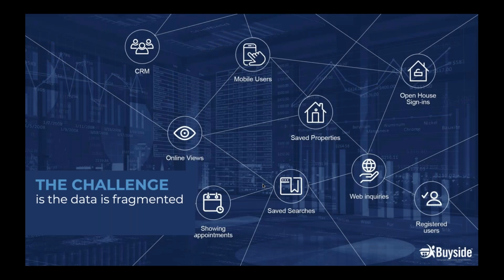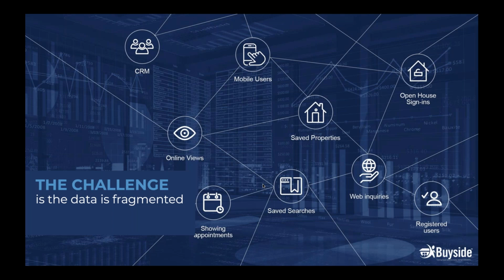Now, here's the problem that we often find: the data is fragmented. We have a lot of different places that have these great information sources. For example, if you use MoxiWorks, Engage, your CRM, your mobile devices, Spacio for your open house sign-ins, these are all in different places.